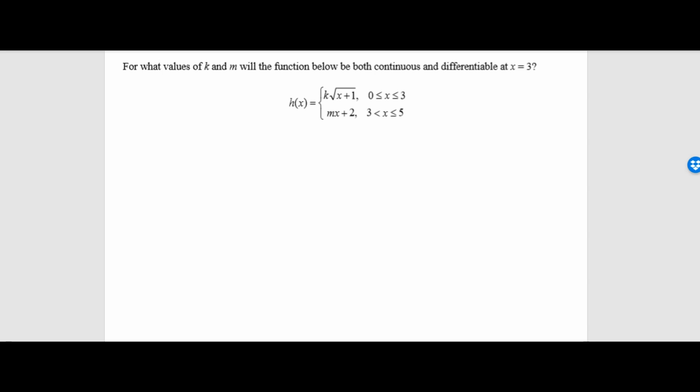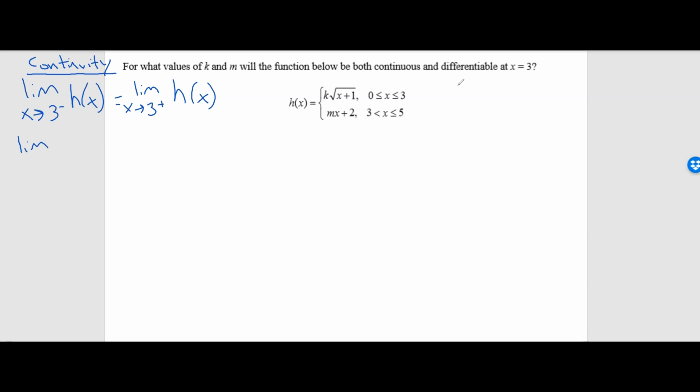So we've got the limit, in this case, as x approaches 3 from the left of h of x. That's got to be equal to the limit as x approaches 3 from the right side of h of x. And just so we're all aware, this is for continuity. This equation would have to be true for the function to be continuous at x equals 3.